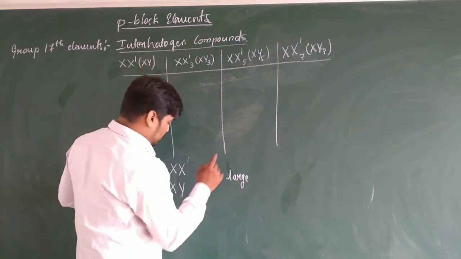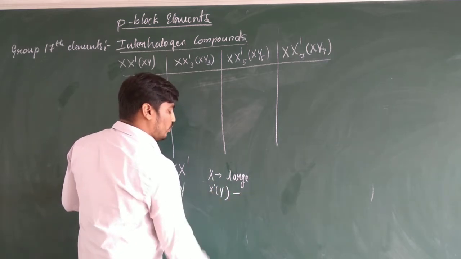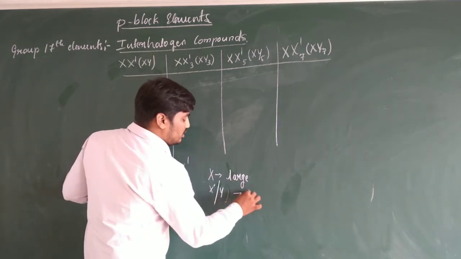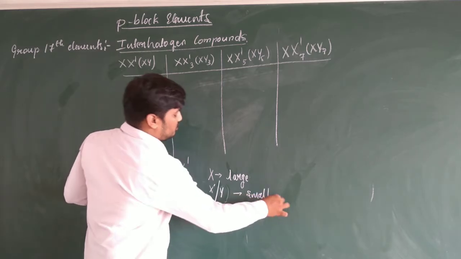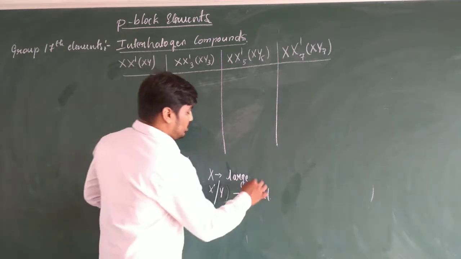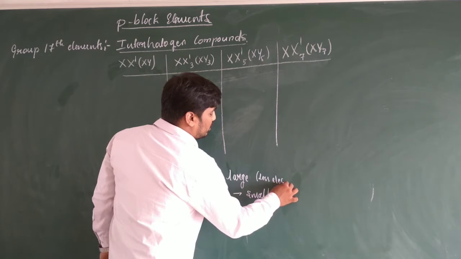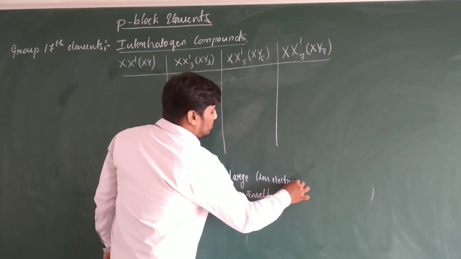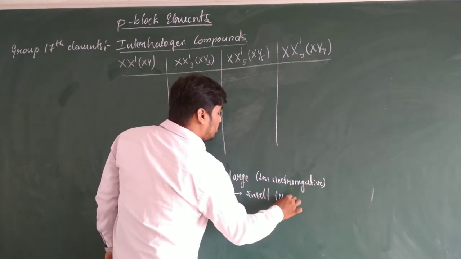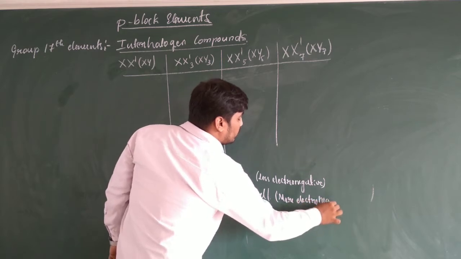Here also X is large, and X dash or Y is smaller in size, the small-size halogen. And when we observe the electronegativity, the larger size is less electronegative, and the smaller size is more electronegative.